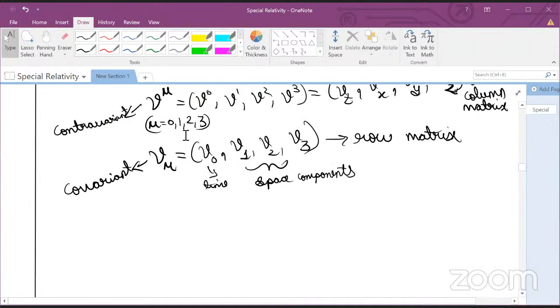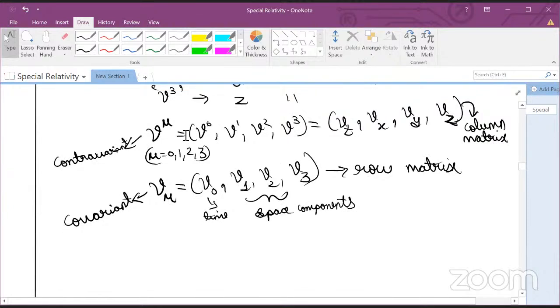So we need a relation. We will use matrix notation. Covariant is written as a row matrix. Contravariant is written as a column matrix.